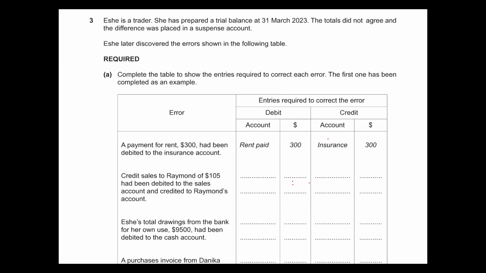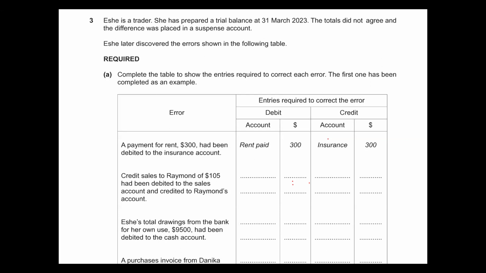You see, you debit the wrong account. Remember, this is a payment. You are paying for rent. Instead of recording in the rent account, it occurred in such a way that you recorded in the wrong account, which is the insurance account.